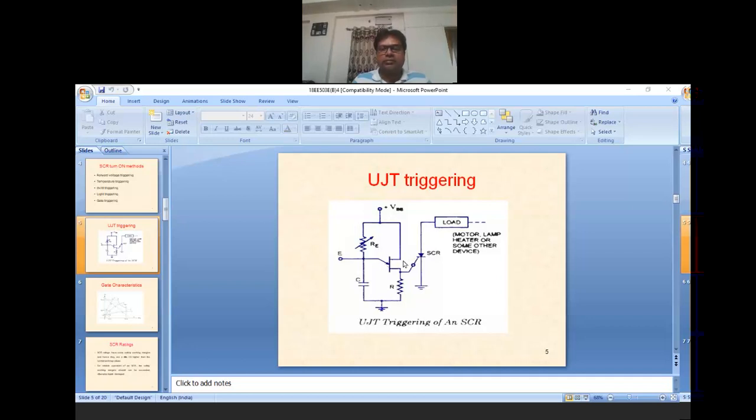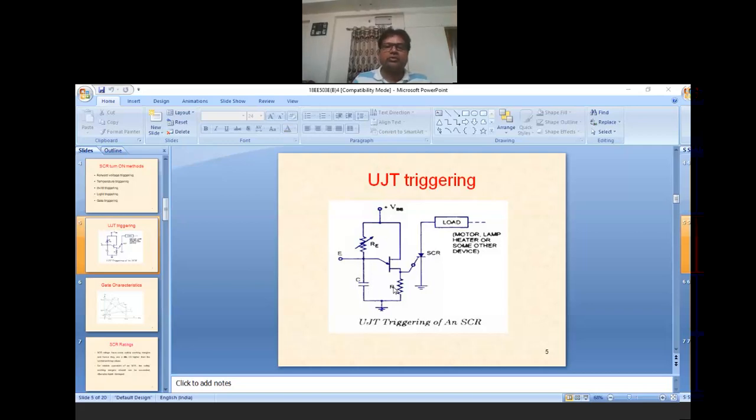This is the symbol for UJT. The supply to the UJT is given via a voltage divider circuit with the combination of R and C. The same combination is normally used for gate triggering without UJT also, but it takes longer times and it becomes difficult to tune for the high frequency switching of the SCR.